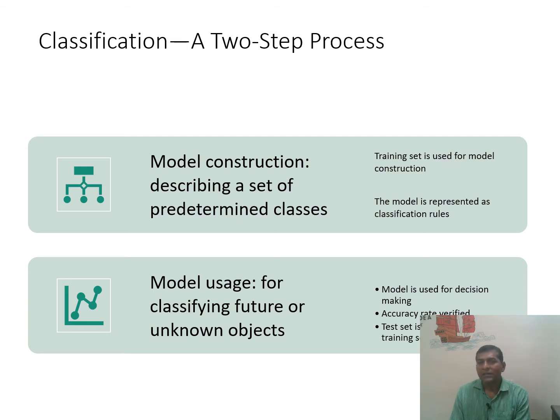And these classes are constructed on the training set, because we have different training sets, different data for different classification. If we have the training data set, that training data set is provided to the model. This model is nothing but a well-defined algorithm, which is able to take the data as input and classify it into a particular class.